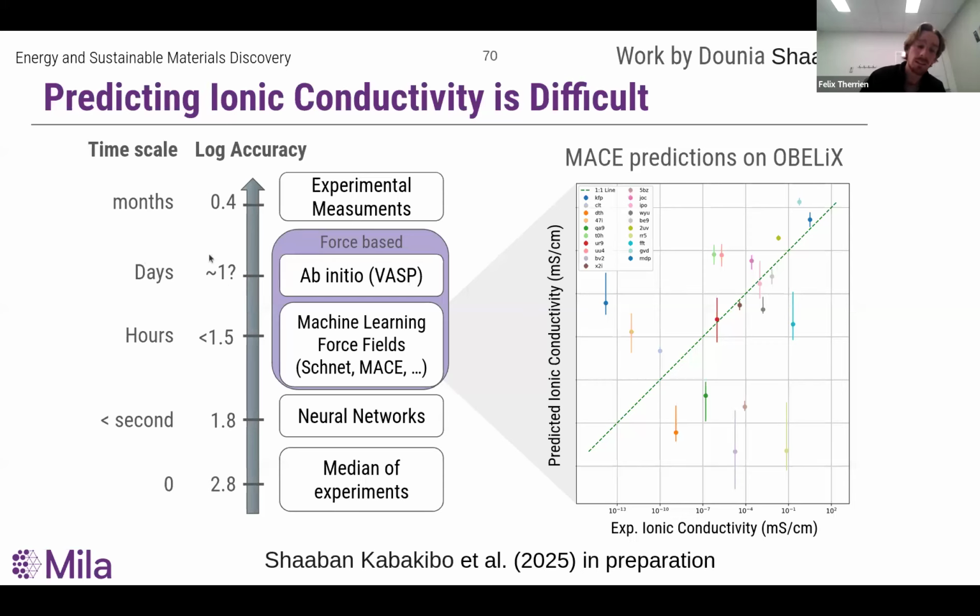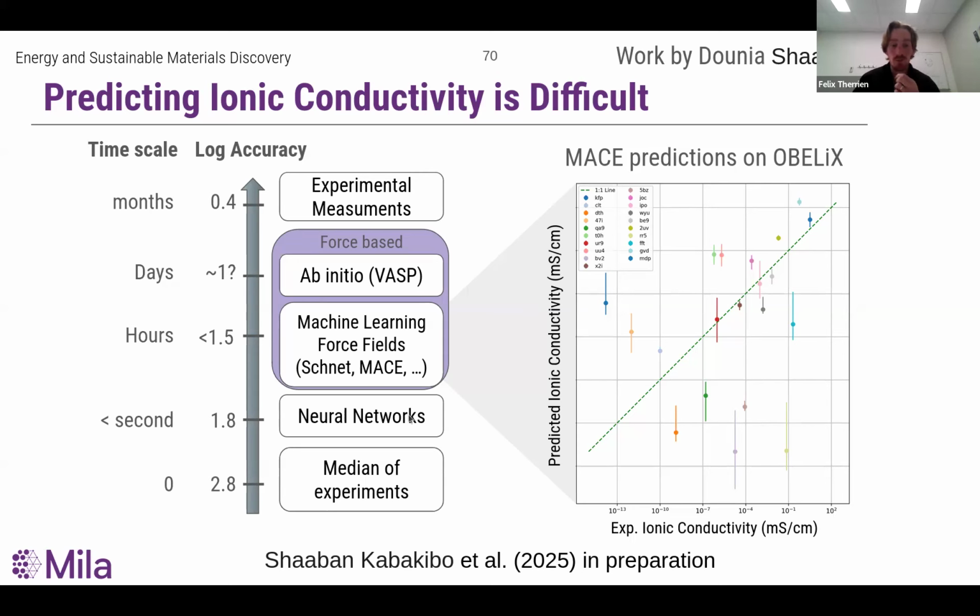We don't know, but we think that it will be about 1 order of magnitude in terms of accuracy. And for each material, it takes multiple days, and maybe less than a week, to do one single ionic conductivity prediction.